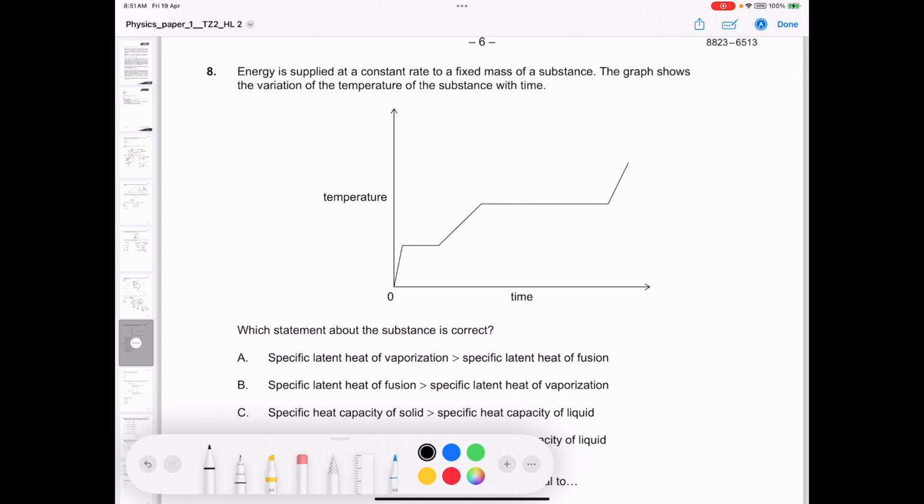The intermolecular forces between the liquid molecules are greater than the intermolecular forces of solids. So more energy is needed to break the intermolecular attraction of the liquid molecules. Thus, the latent heat of evaporation of a substance is always greater than its latent heat of fusion. Okay, that's by definition. Therefore, the answer to this question is A.